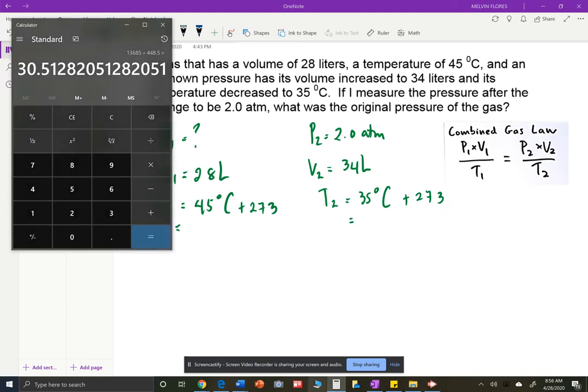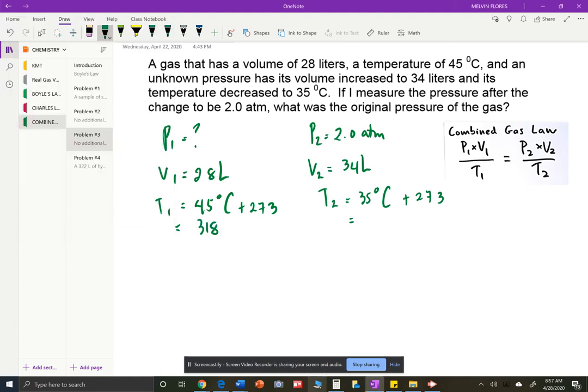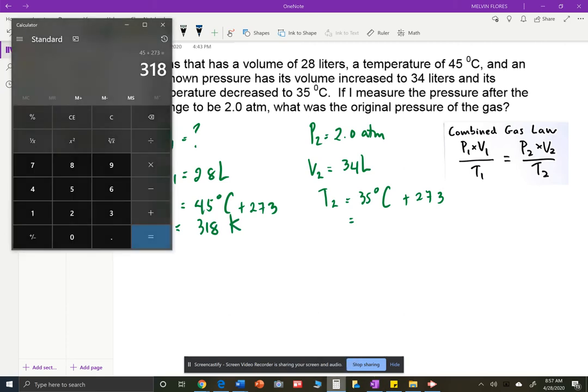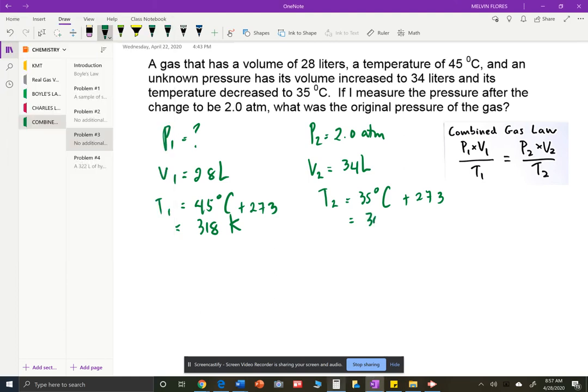Okay, let's calculate that. So 45 plus 273, that would give you 318 Kelvin. And how about this? 35 plus 273, that's going to give you 308 Kelvin.